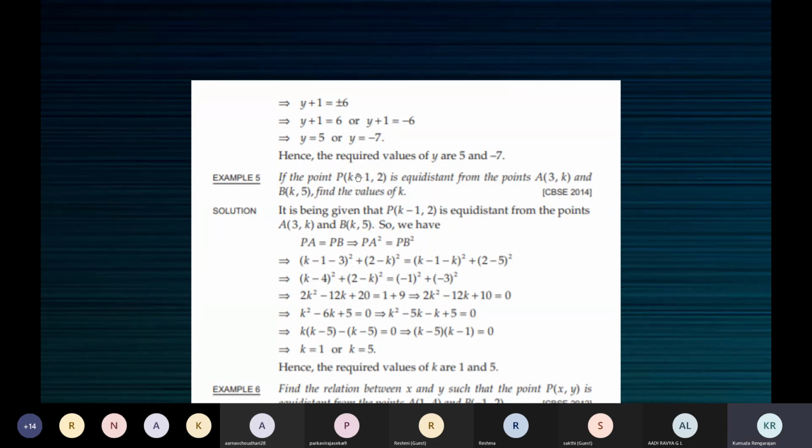So take the points P and B. K minus 1 minus K the whole square, plus 2 minus 5 the whole square, or 5 minus 2 the whole square. Anyways, the whole square. Solve this, children. You get a quadratic equation, and these are the two values for K. Please work it out and check if you're able to work it correctly.